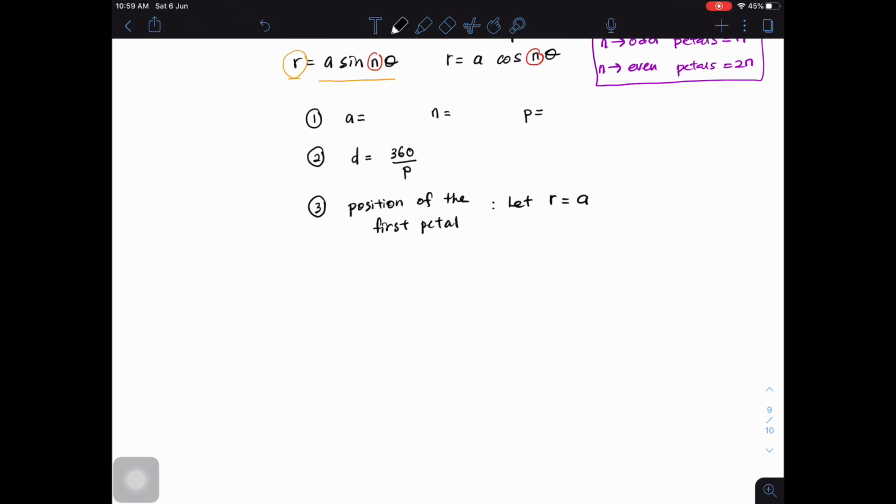Let's say we have to plot the curve for the function r equal to 4 sine 3 theta. The first thing you need to know is the value of a. So here your value of a is equal to 4, and the value of n is equal to 3.